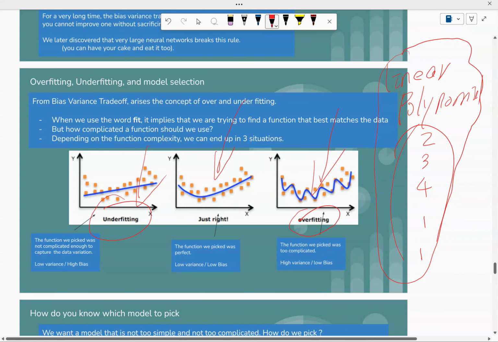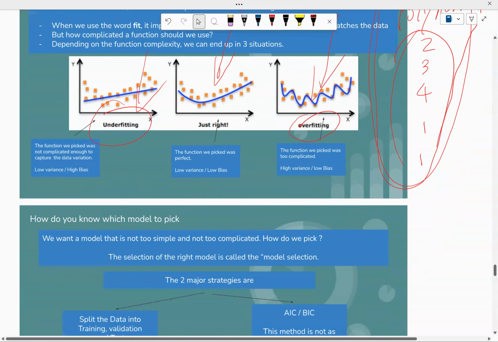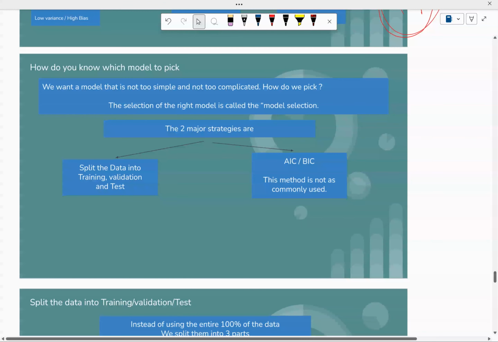How do we pick the model that essentially allows us to do this? Historically, there have been two ways to do it. There's the AIC BIC method, which nowadays is not used as much anymore. Today, we tend to use the approach of splitting data into train, validate, and test.